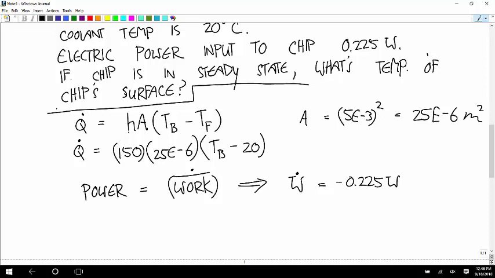So this is going to be positive. If we leave it positive like that, does it make sense that this convection is adding energy to the chip? No. Energy is being removed from the chip through heat transfer. And so we're going to make that negative.